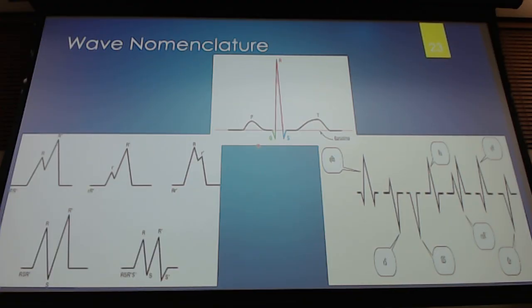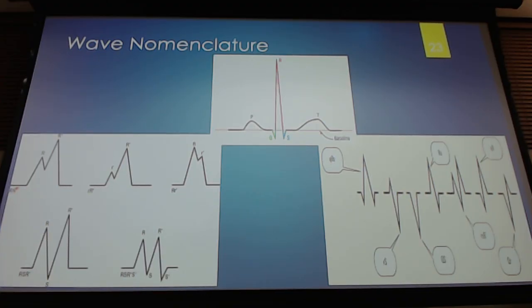Or maybe even a split of that S wave. So if I had an S wave and it looked like I had 2 S waves, what part of the heart is that telling me there's some problem with? The ventricular basis, right? Ventricular basis. So we have this nomenclature.